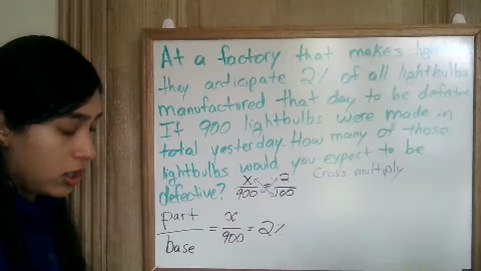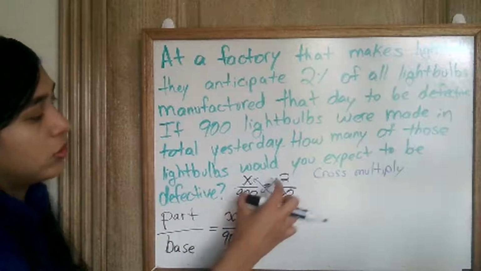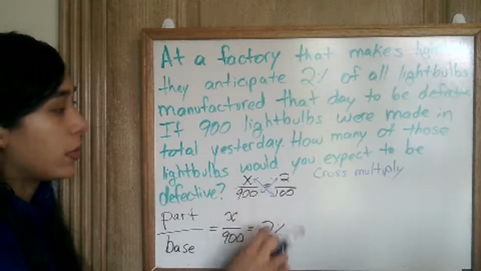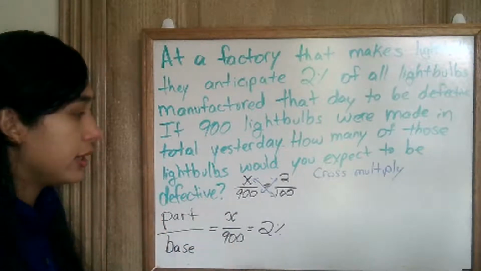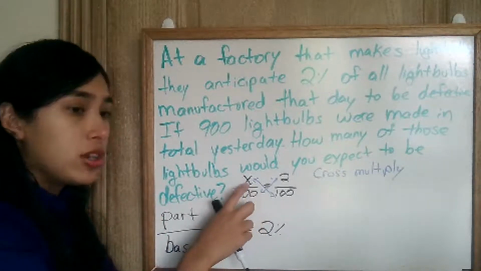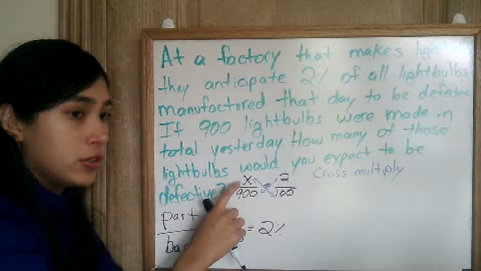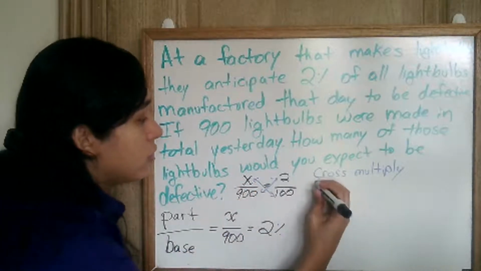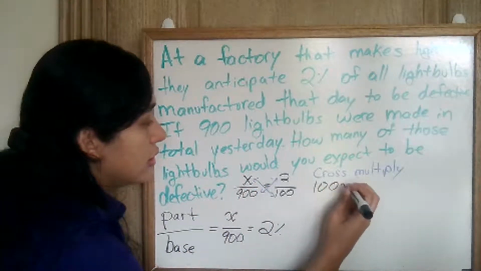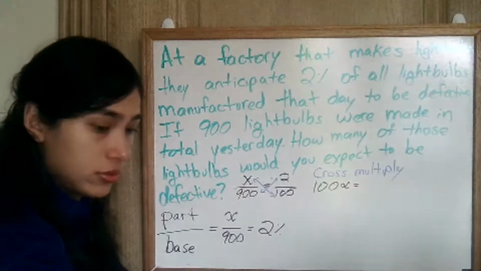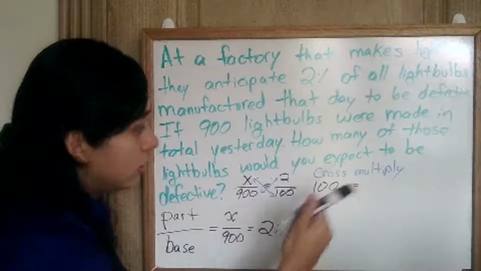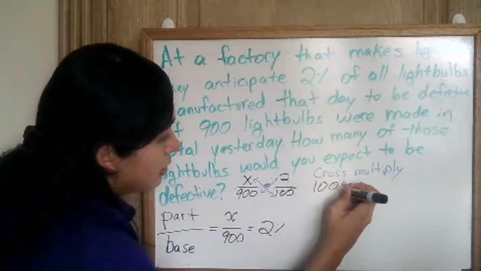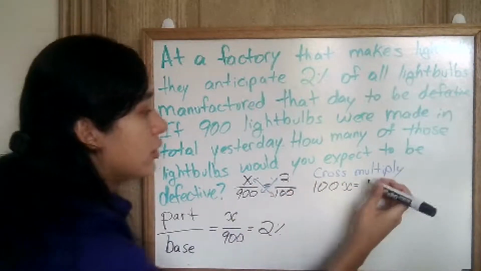Honestly, it doesn't matter which one I do first, but just to make it easier, because we read from left to right in the English language, I'm going to cross multiply whatever has the x first. That way I can write it as 100x is equal to, oops, that doesn't look like an x, that looks like another Greek symbol, is equal to 2 times 900.